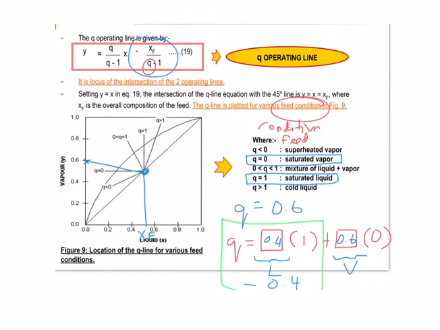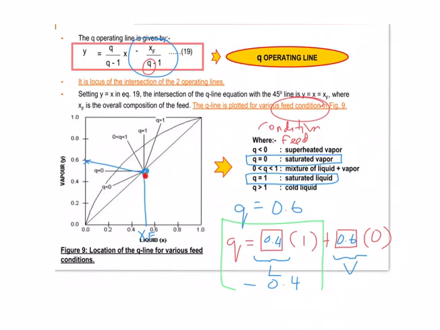If q is equal to 1, which is saturated liquid, you just draw a straight vertical line only. If q is equal to 0, you just draw a horizontal line beginning at this particular point.